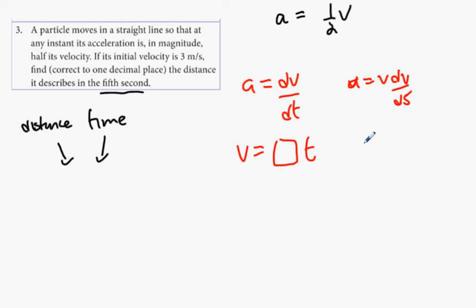It'll give me a v in terms of s answer, or an s in terms of v. Does either one get distance related to time?